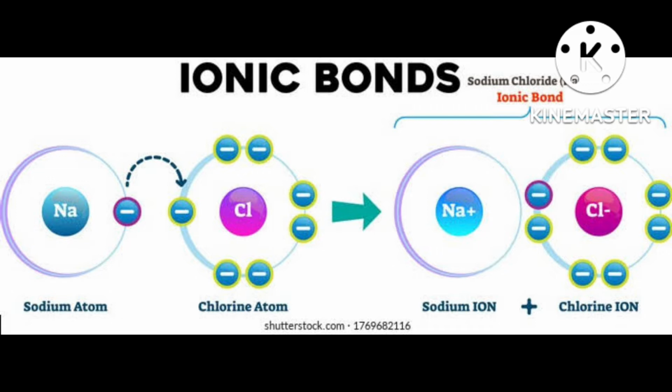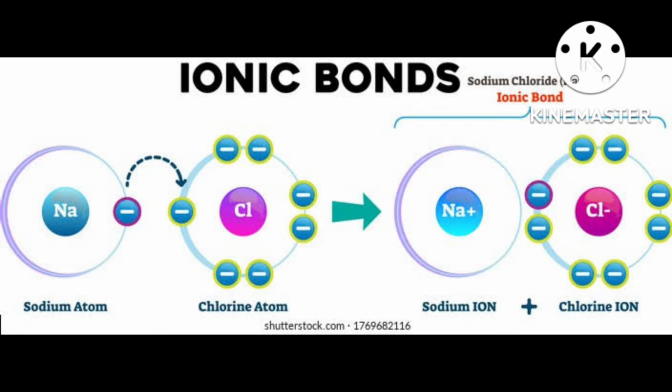Obviously, ionic bonds will be formed more easily. An ionic bond is formed more easily between elements with comparatively low ionization enthalpies and elements with comparatively high negative value of electron gain enthalpy.